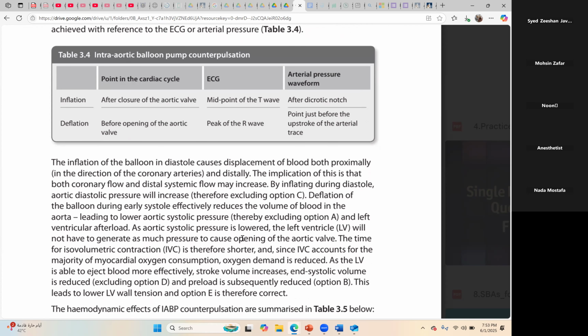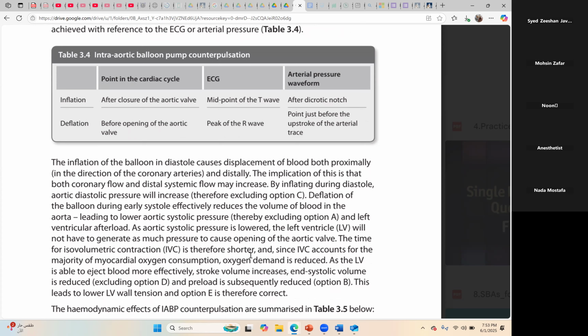As aortic systolic pressure is lowered, the left ventricle will not have to generate as much pressure to cause opening of the aortic valve. The time for isovolumetric contraction is therefore shorter. Isovolumetric contraction is the phase in which the aortic valve is not open and the pressure is increasing in the left ventricle.